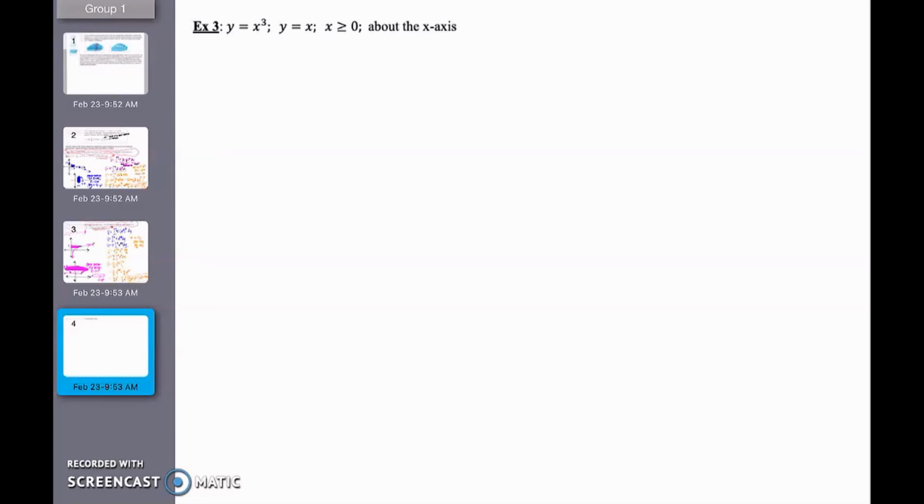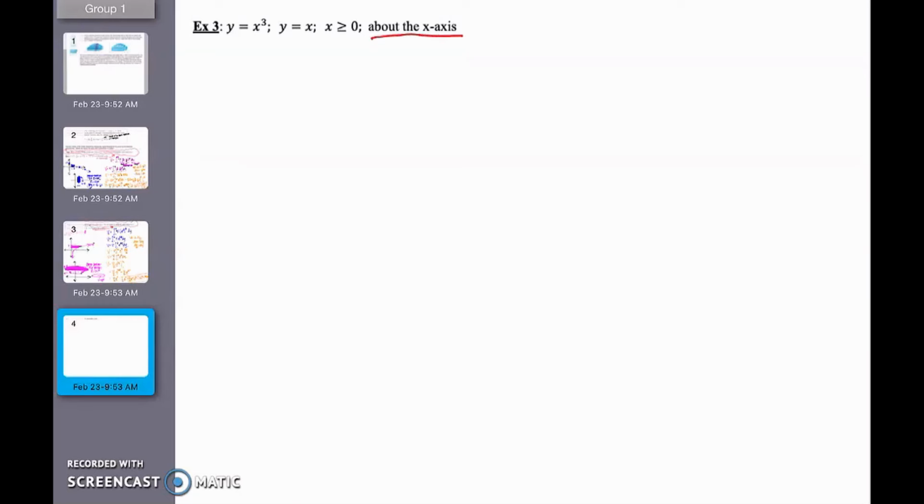These examples are intense, are they not? All right, we saved the best for last here. Example 3, we've got y equals x cubed, y equals x, x is greater than or equal to 0, and it says about the x-axis.